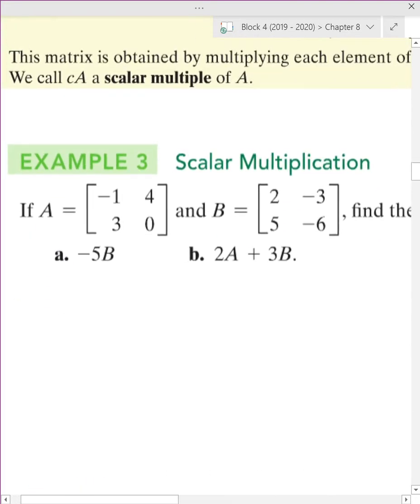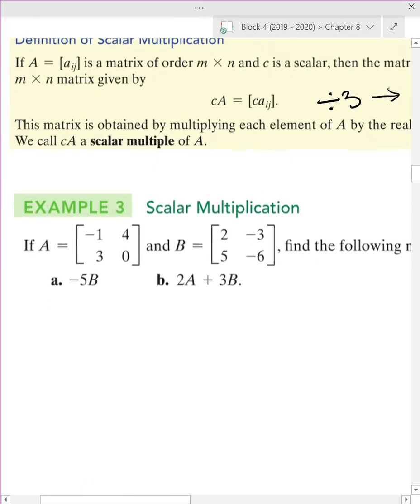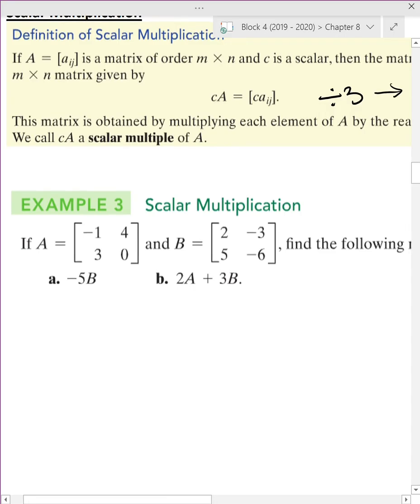So, now I like to get problems like these. Make sure you're writing down the right matrix, okay? Because I gave you 2 different matrices, and I'm asking you to use, in the first part, negative 5 times b. Our eyes instantly go to the first one. Please make sure you're writing down the appropriate matrix.